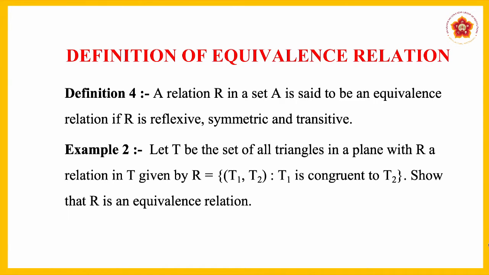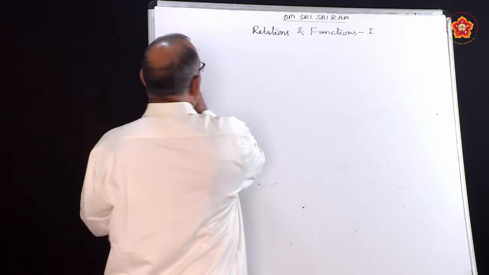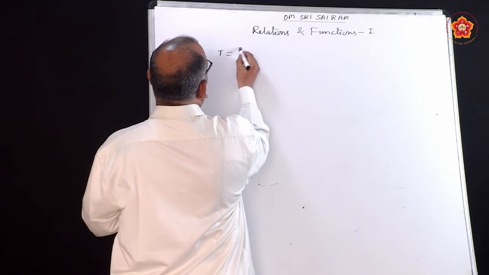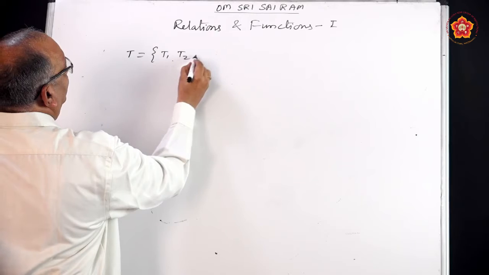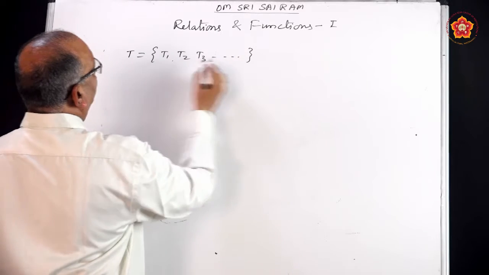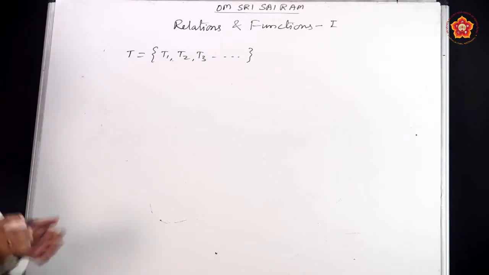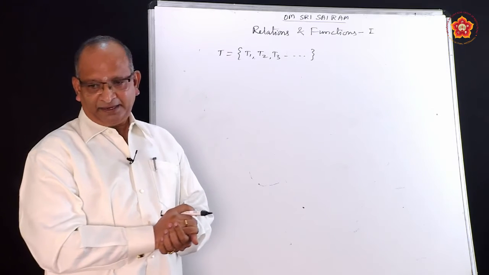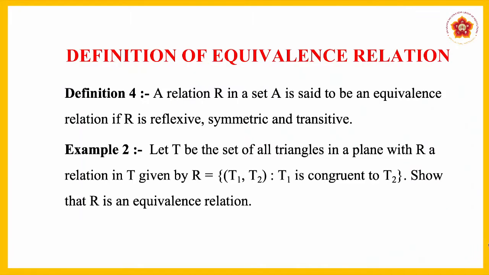An example in order to understand. Suppose we have a set T which has got triangles T1, T2, T3, etc. And what does he say? R is a relation in T given that R equals T1, T2.